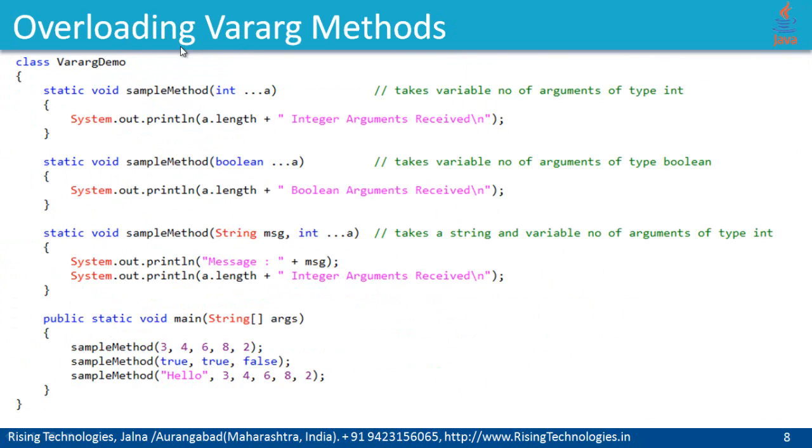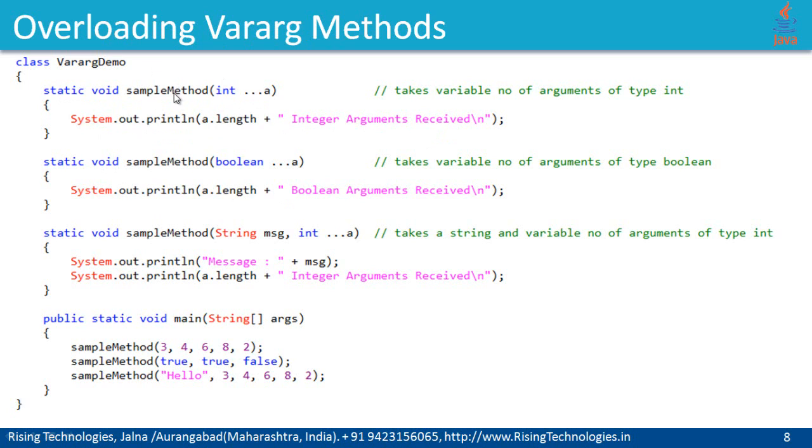So we can overload a Vararg method. Now look at this. I have a static method named sample method, and this method takes an integer type of variable length argument, and I'm just printing the length of this array and a message: this number of integer arguments received.